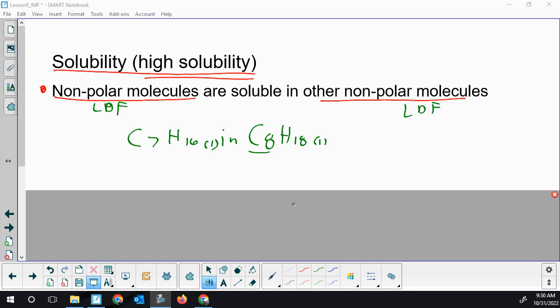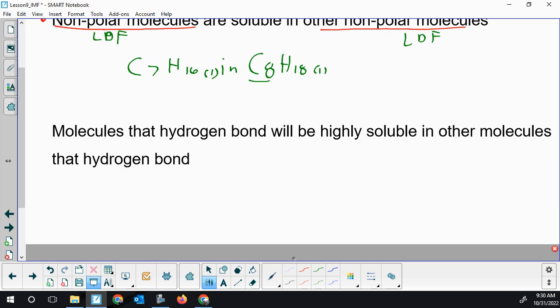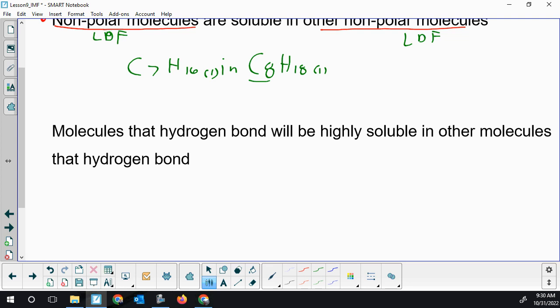The world produces about 100 million barrels of oil per day, or that's what the world consumes. Okay. So this is our gasoline. So one example is LDF and LDF. They'll be highly soluble.